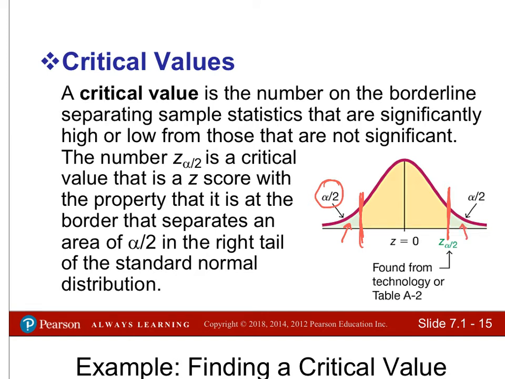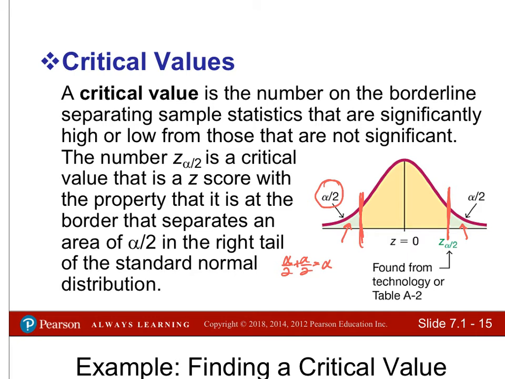So the total of those 2 alpha divided by 2's, I get alpha. They're boundaries so that the total area in the 2 tails is alpha. All right? So that's what we mean when we talk about critical values.